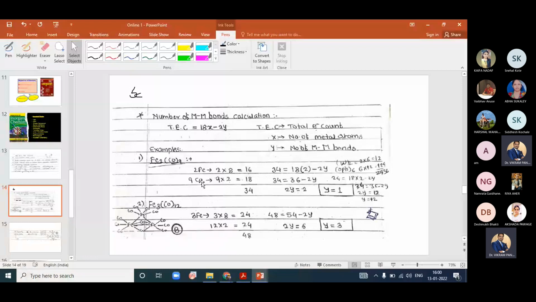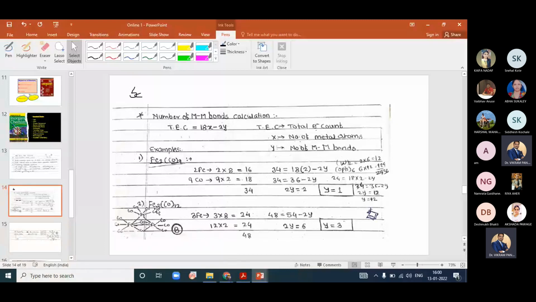Again, iron has 8 electrons, but now there are 3 atoms. So 3 times 8 is 24, and 12 ligands are there. For 12 ligands, you multiply by 2 and you get 48. So 48 is equal to 54 minus 2y. What is 54? It is 18 times the number of metals.